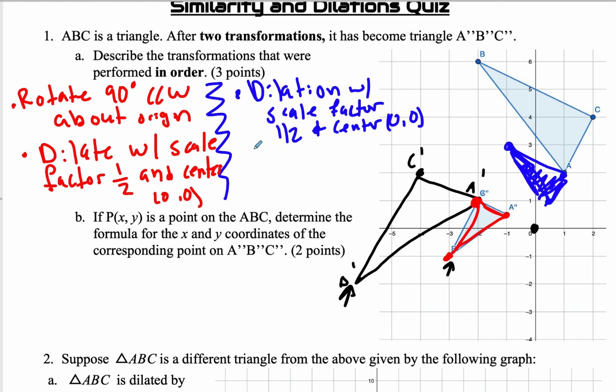That pulls it in, and then rotate 90 degrees counterclockwise about 0, 0. That makes it clear not only the amount but also the center, and the center does matter. So here's how you would do this. Basically it doesn't matter how you do this. I'm going to show you with the red.